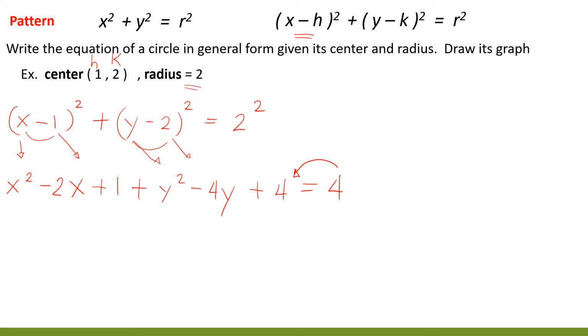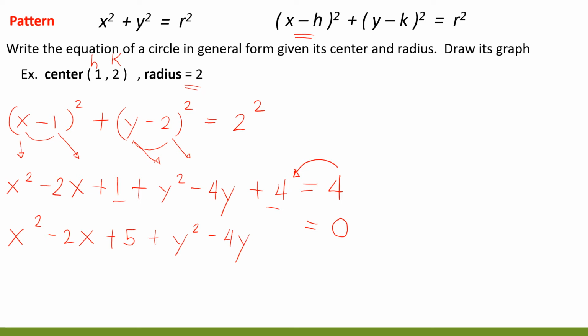to this side. And of course, when we transpose the 4, the right-hand side becomes 0. So, copy x squared minus 2x and then plus, we can combine this 1 and 4 since they are similar. So, that is 5. And then plus y squared minus 4y.